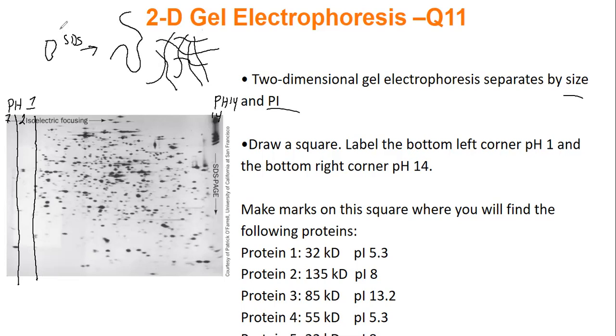And so if your protein still has shape to it, then it could get stuck at random places due to its shape. However, when you unfold, everything looks the same now. They all look like spaghetti, more or less. And so their traveling through the holes is strictly based on their size now, not their shape. So SDS makes everything negative, and it makes everything unfolded. So it does two things.